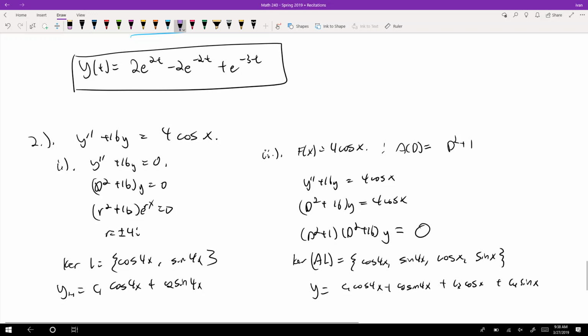And what are these first two terms? Yeah, that's y_h, the homogeneous solution. And that means the remainder is going to be my particular solution, y_p.